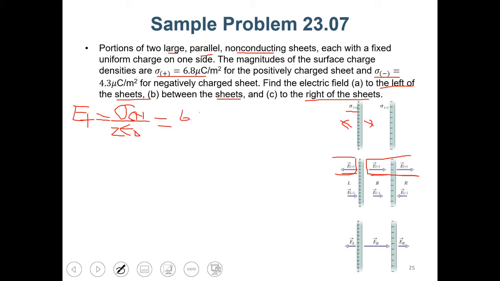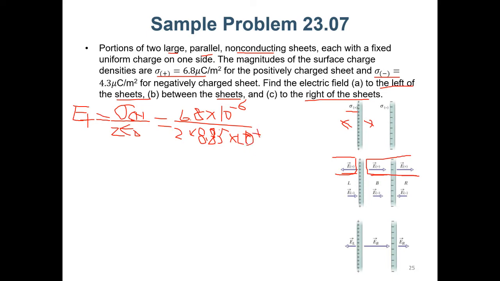So it is 6.8 mu, which is 10 to the minus 6, over 2 times 8.85 times 10 to the minus 12.